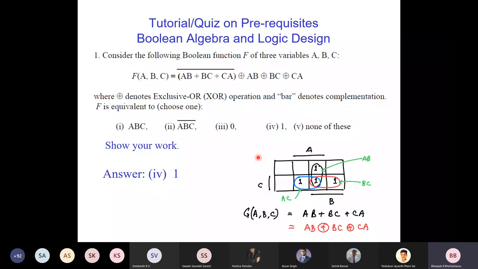So how did you make the K-map? K-map, as you know, for each you have 3 variables, right? So you have 8 combinations like 0, 0, 0, 0, 0, 1, and so on. So in this K-map, I have 3 variables, so I have 8 cells. Up to that point it is okay, right?